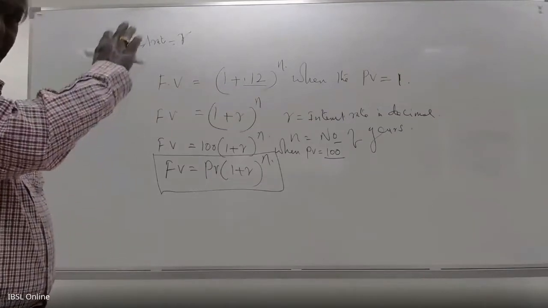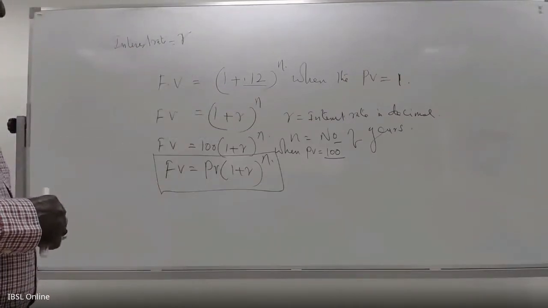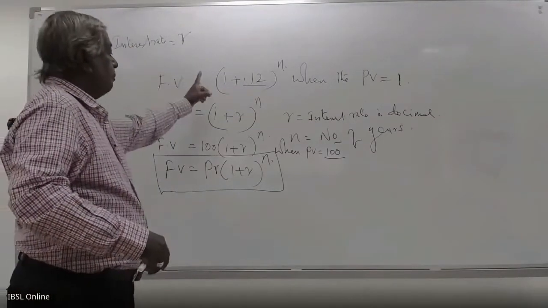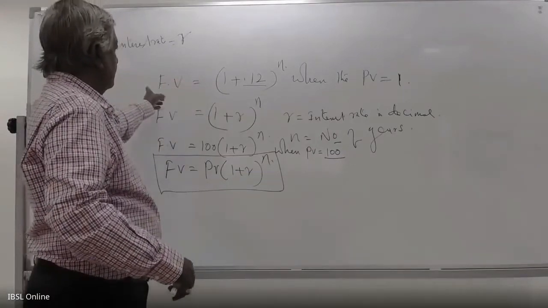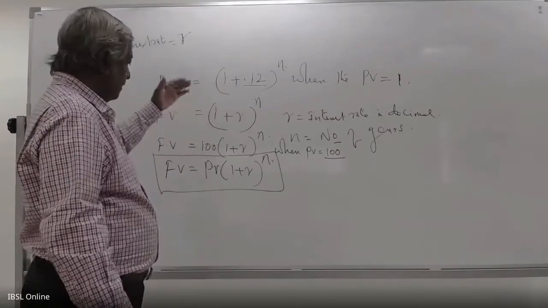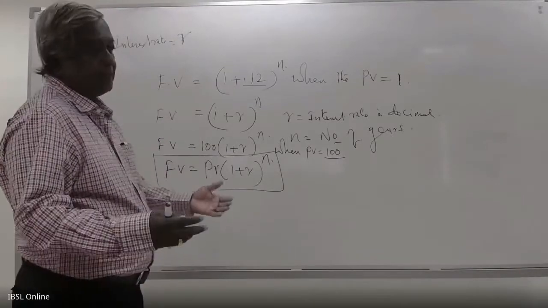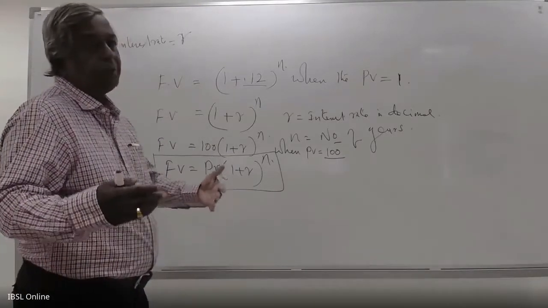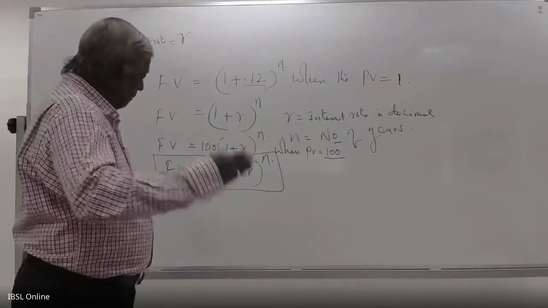So we have worked out first for 1 rupee, calculating the future value for a present 1 rupee. From that we have developed this. If the present value is 100 rupees, or 1000 rupees, or 1 lakh, multiply by that amount.